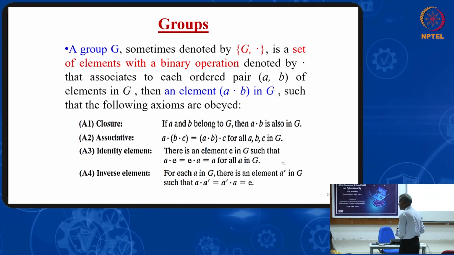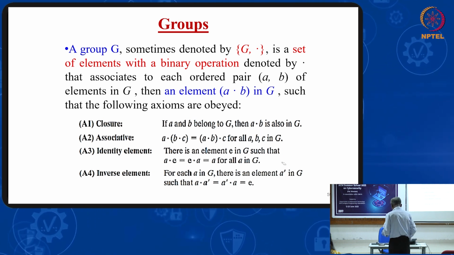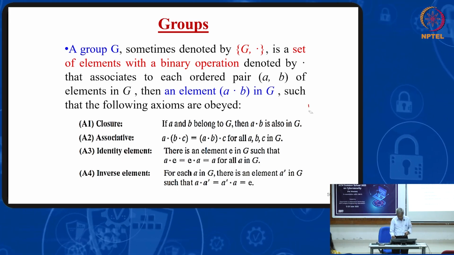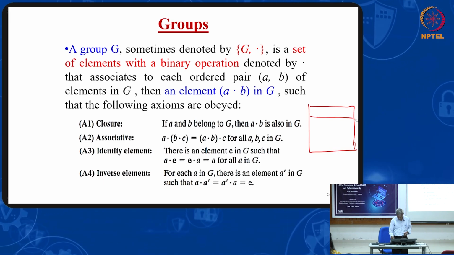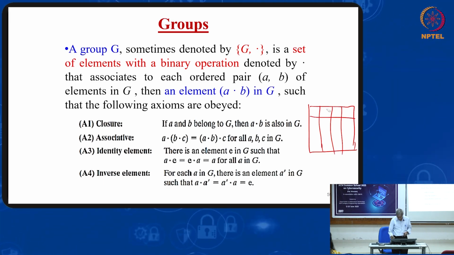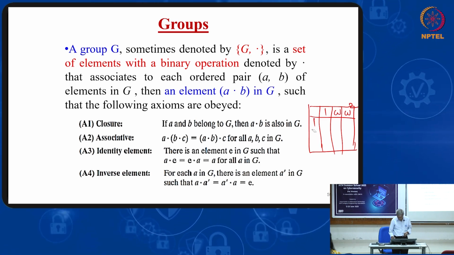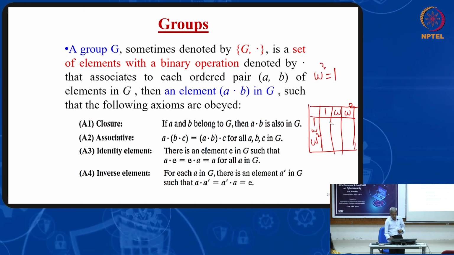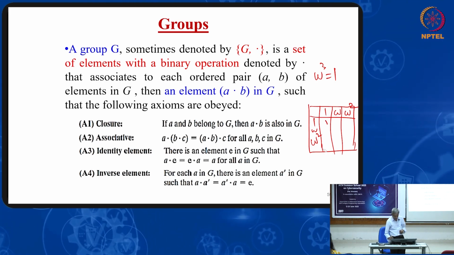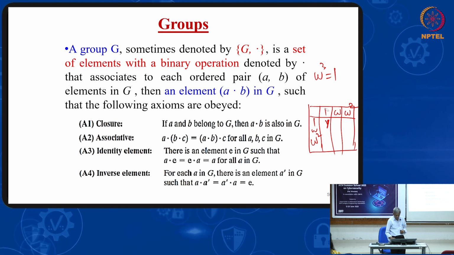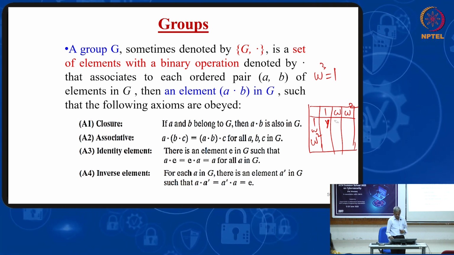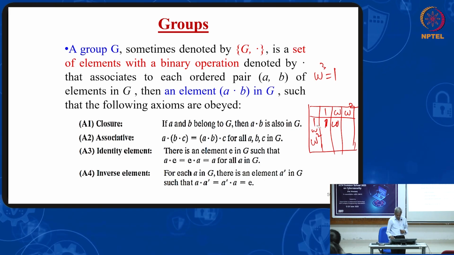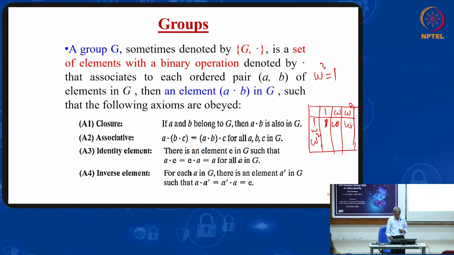Everything you can do with the composition table itself. For example, if I am drawing the composition table, you multiply 1 into 1, 1. 1 into omega, omega. 1 into omega square, omega square.